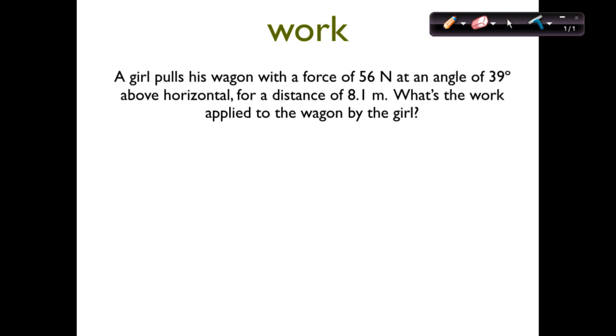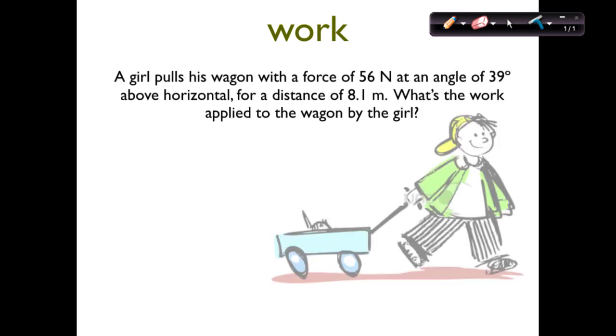So here's a similar example. You got a girl pulling a wagon. She's going to use a force of 56 newtons, pulling up at this angle here, 39 degrees. And she's going to do that for 8.1 meters, something like 25 feet. She's going to pull with 56 newtons and go a distance of 8.1 meters.